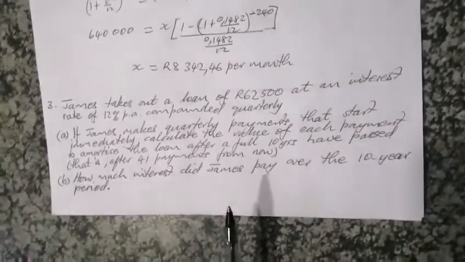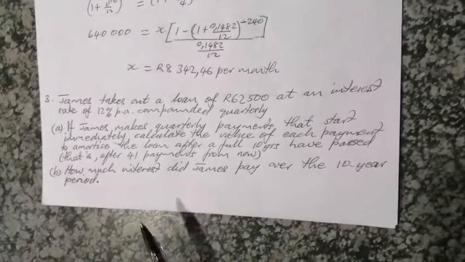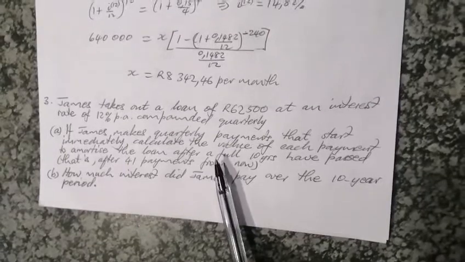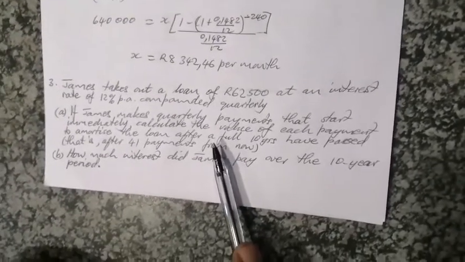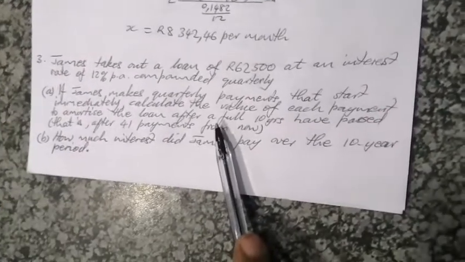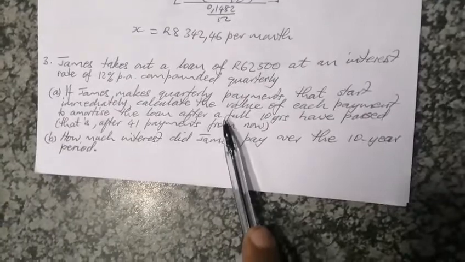Very important. Now, in this case, we can also see that it is a present value annuity because James borrowed some money and he is going to pay quarterly. Every quarter he pays something, right?